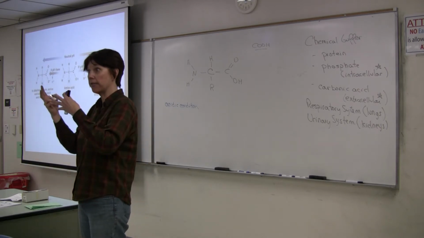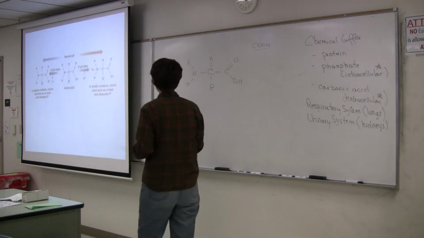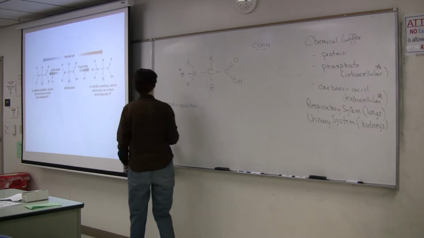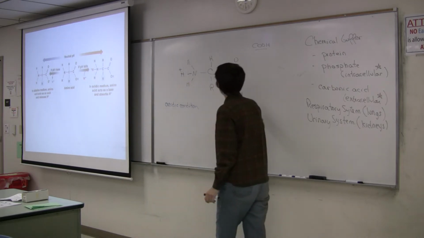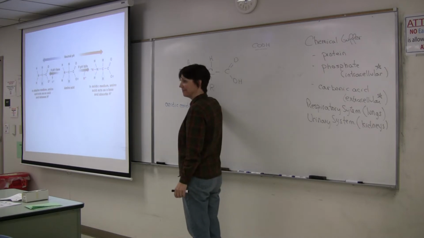It's going to take up hydrogen. It's going to remove hydrogen from the solution and bind it. And so that's what we see happening here. We don't add our extra hydrogen over here. We add it to the nitrogen, and we put an extra positive charge.